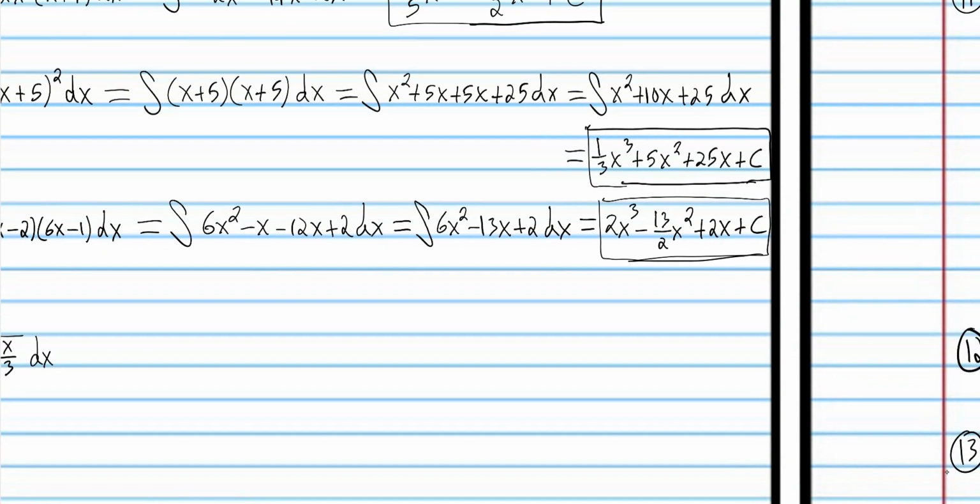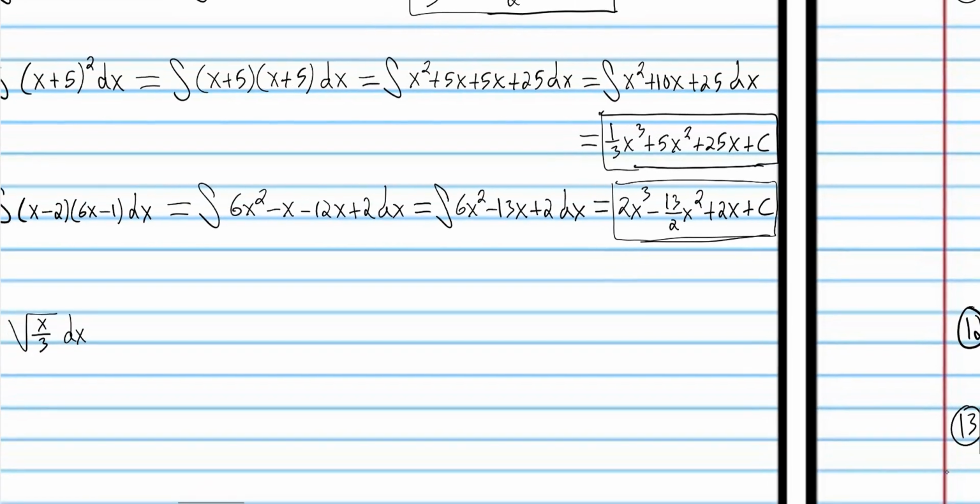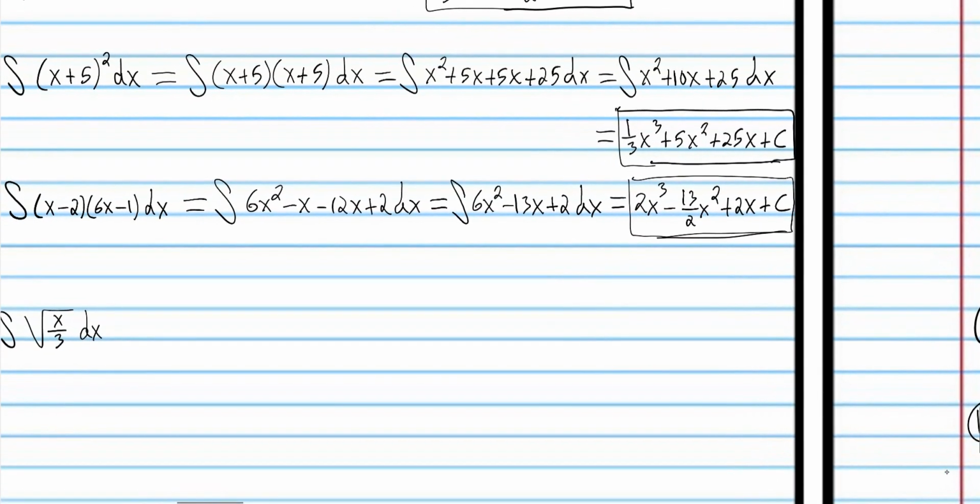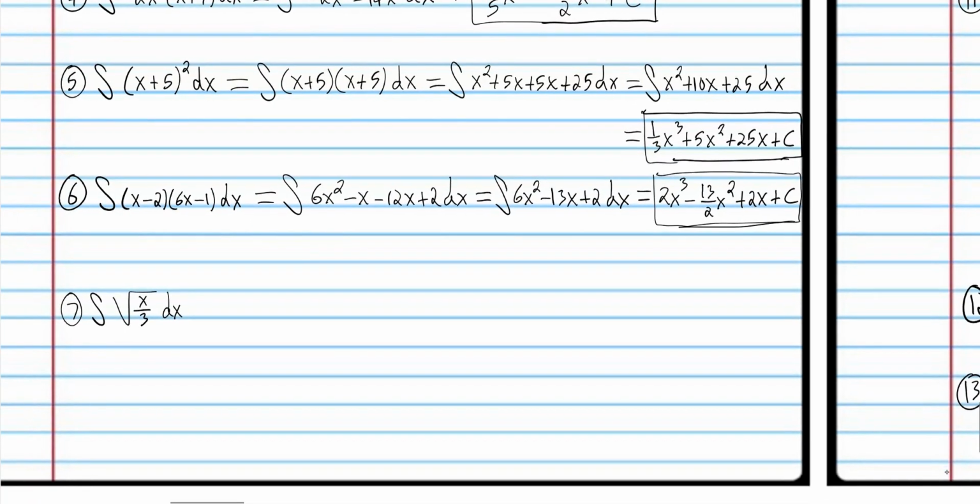Now again, the reason we call it a family is because c can be any number. So there's actually an infinite number of antiderivative functions, such that when we find the derivative of that function, we get back to the original function.